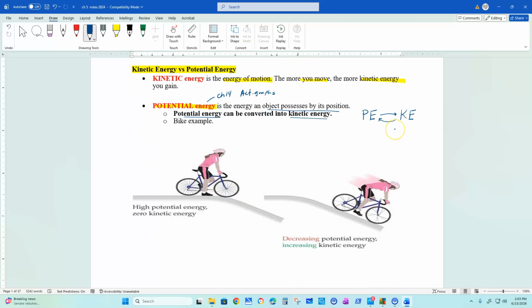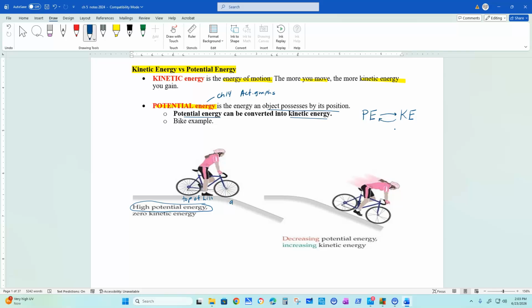Say the girl is on her bike at the top of the hill. At time zero, she is just at the top, getting ready to start. She has a lot of potential energy. She is not moving. She is getting ready to start the race.